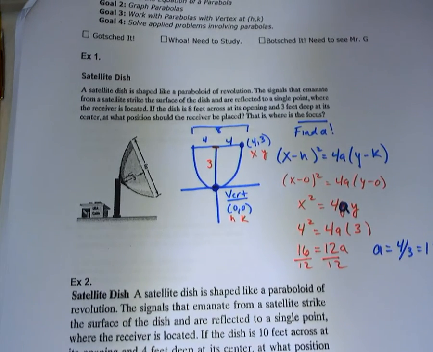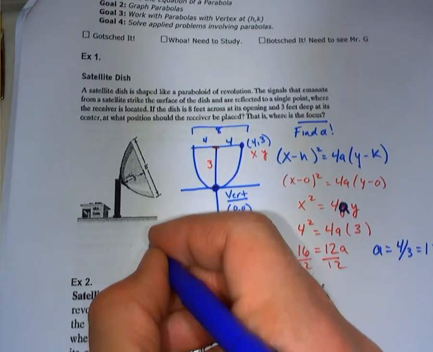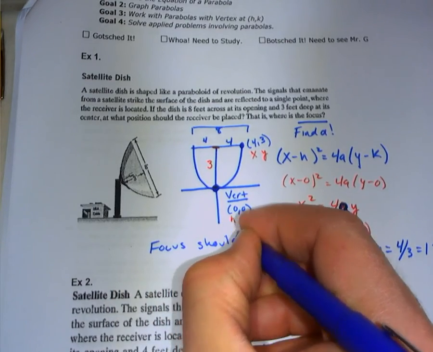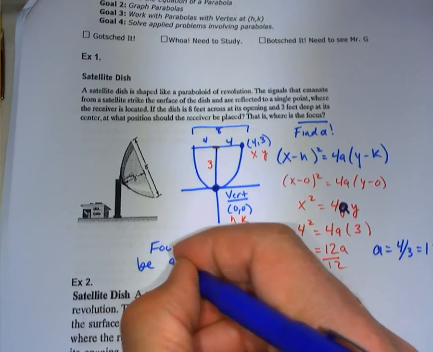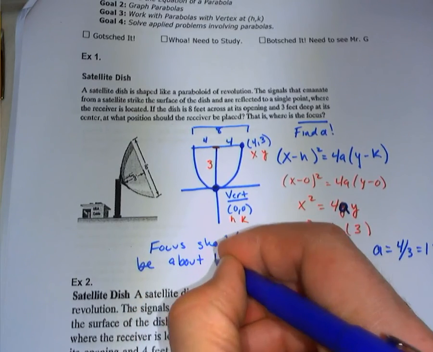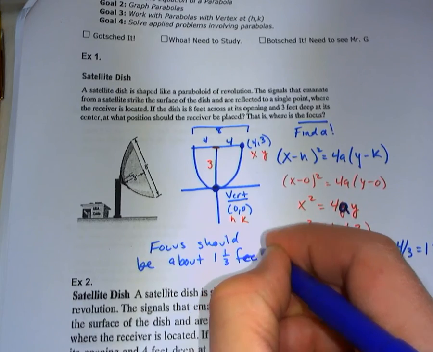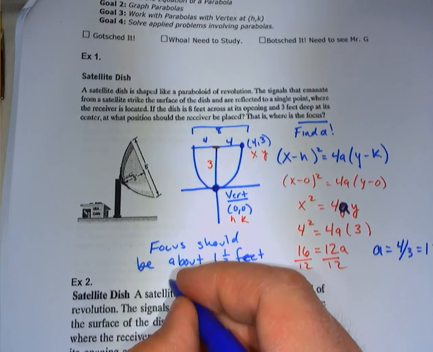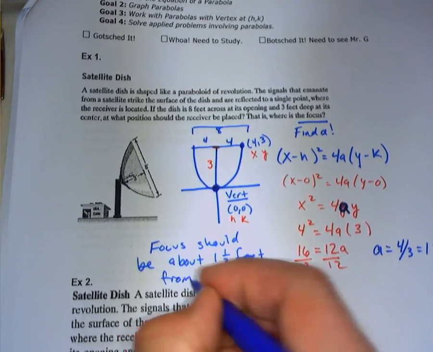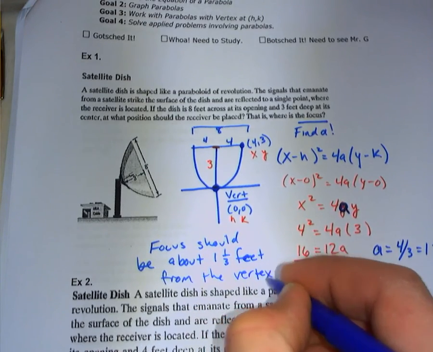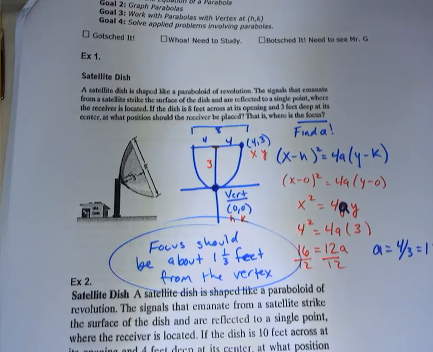Okay, so this is a word problem, so have some descriptors on what we're doing. So we want the focus about 1 1/3 feet from the vertex, or the base of the dish would be the vertex.